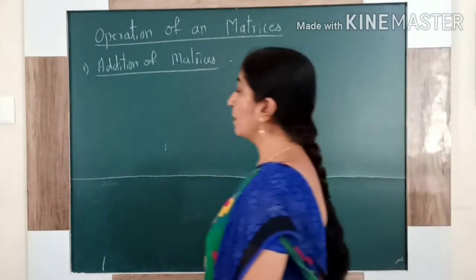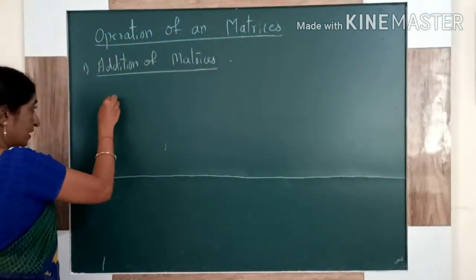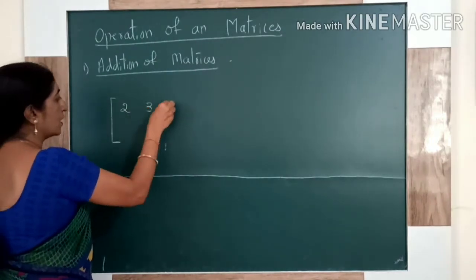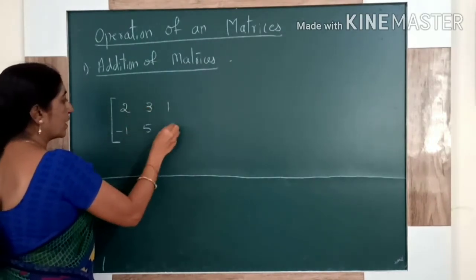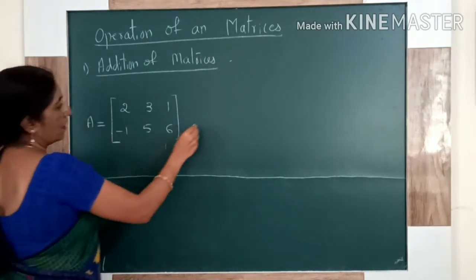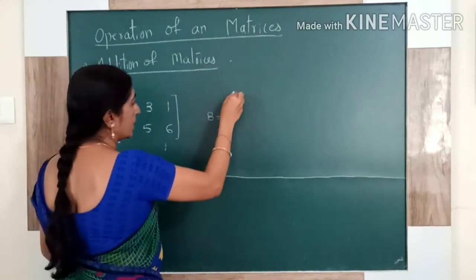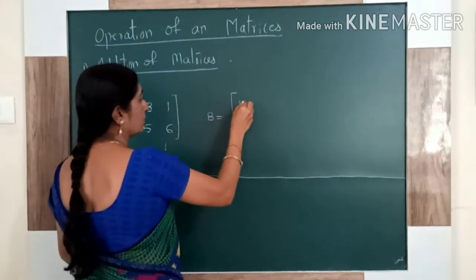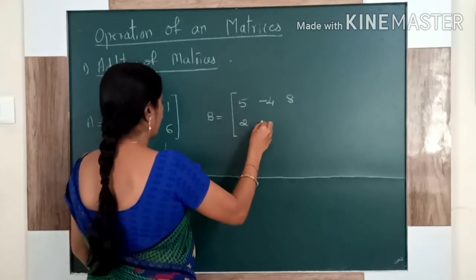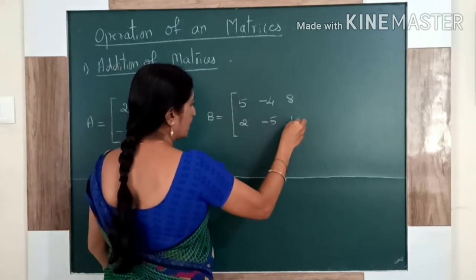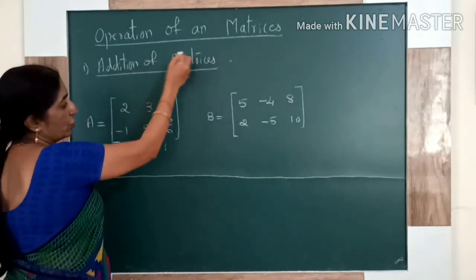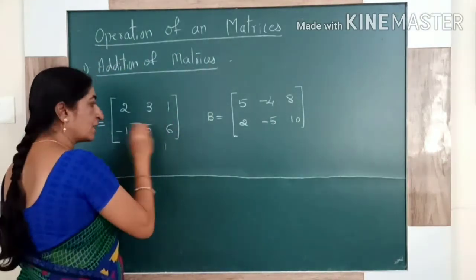In general, I am giving it with the help of an example. Matrix with entries 2, 3, 1 and minus 1, 5, 6. Let us call this matrix A and this matrix B. First, before adding, see the order.